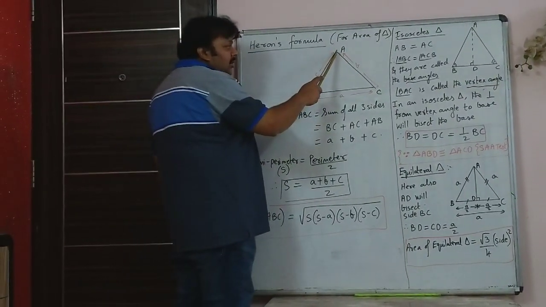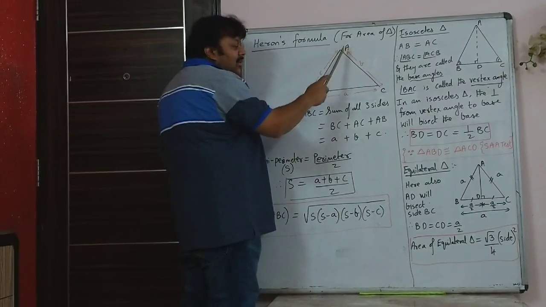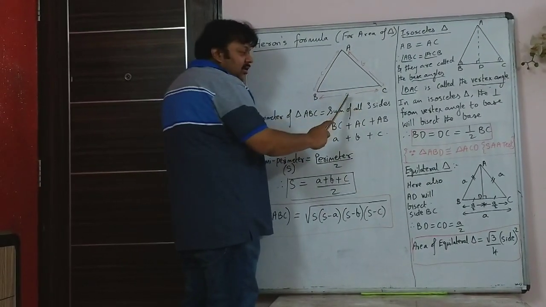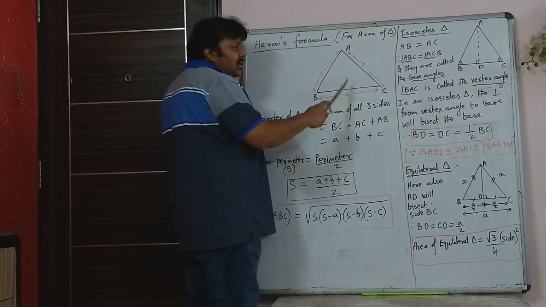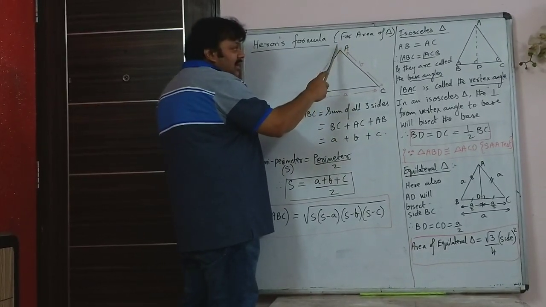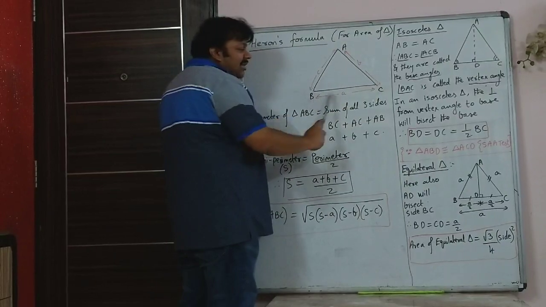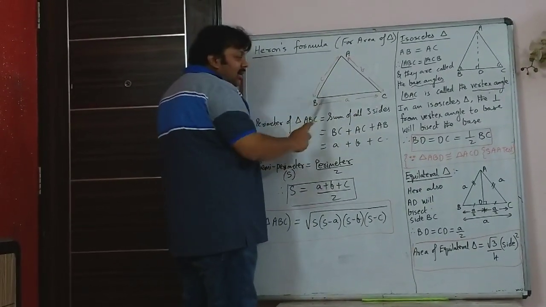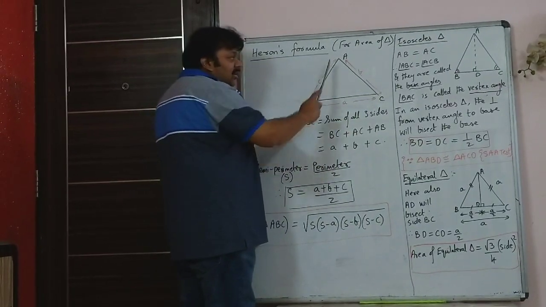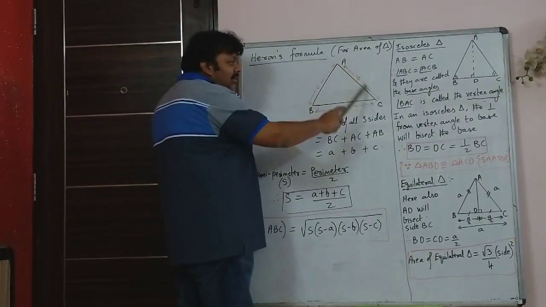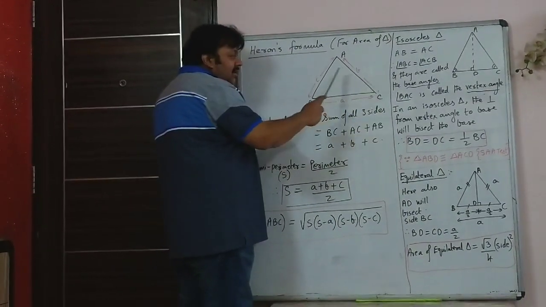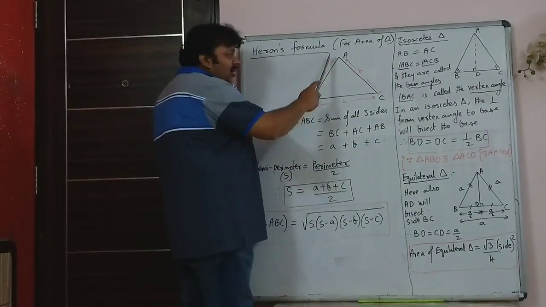Usually in a triangle, opposite the angle capital A, the side, in this case side BC, will be denoted by small a. Same way, opposite angle capital B there will be side small b, and opposite angle capital C there will be side small c.